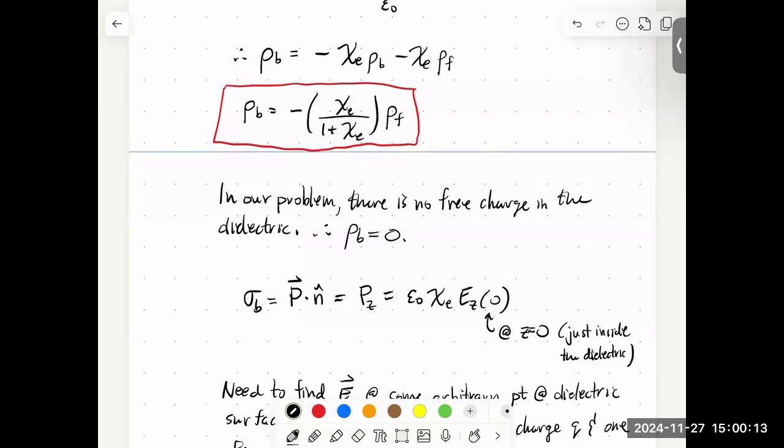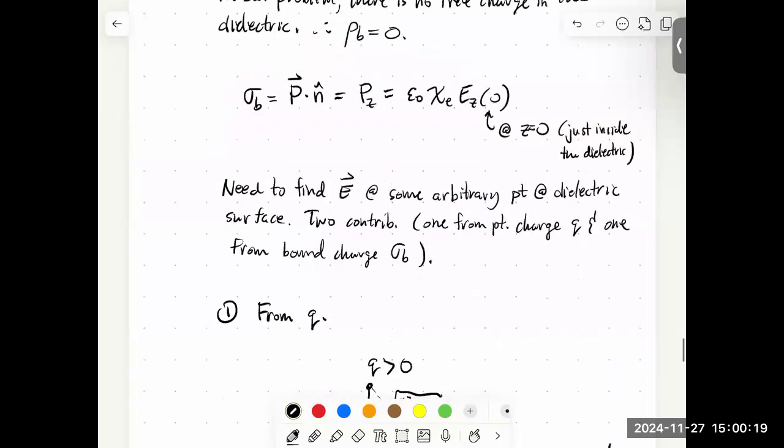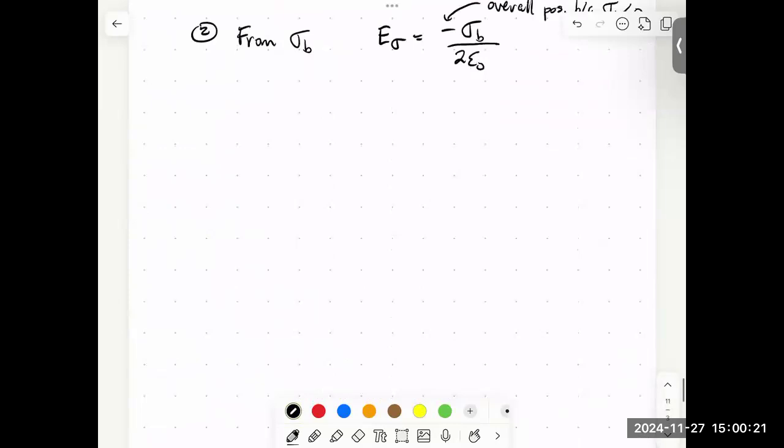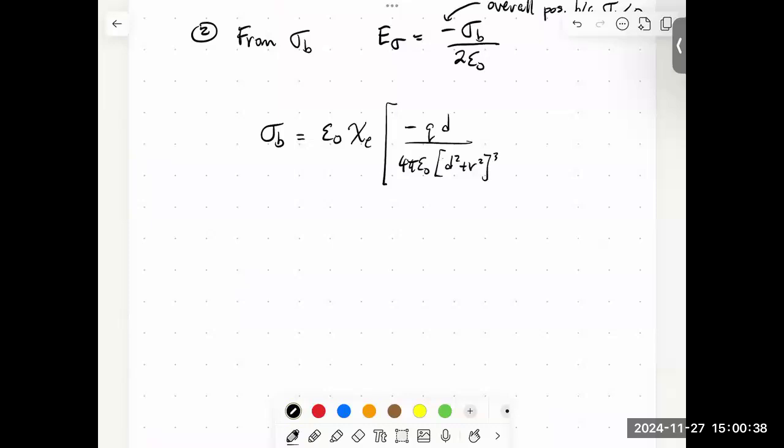It's the sum of the electric field from the point charge and the electric field from the bound charge. So sigma B is equal to epsilon naught times the susceptibility. And then from the point charge, there's 4 pi epsilon naught, and then I think it was d squared plus r squared to the 3/2 power.